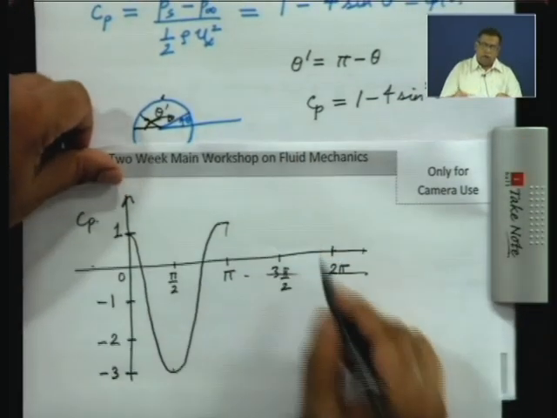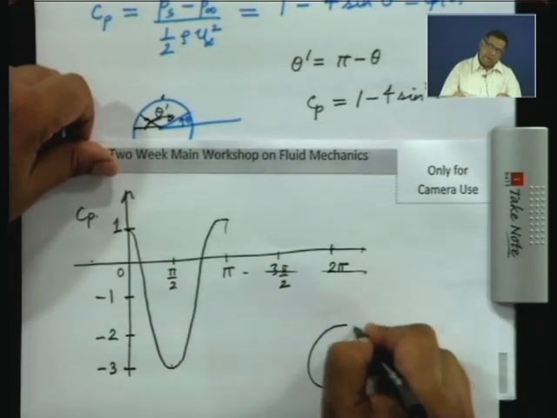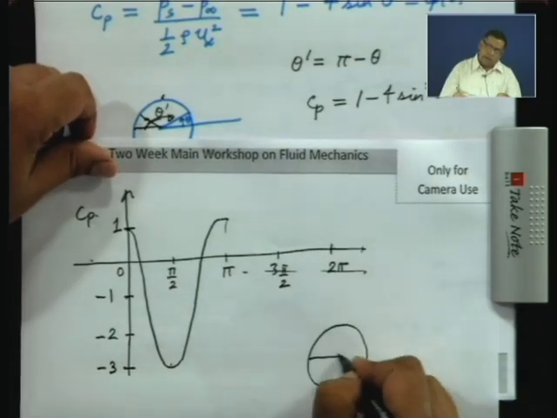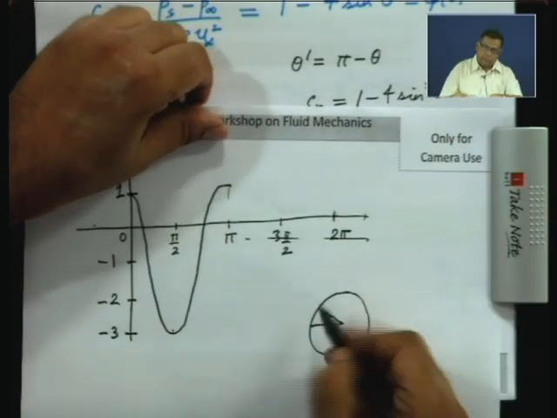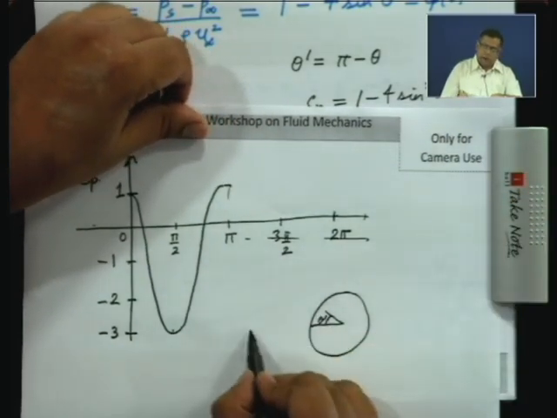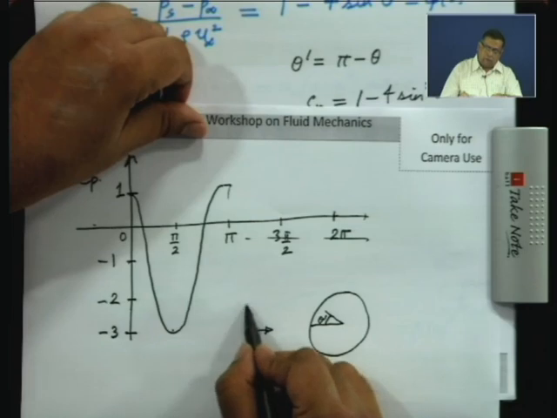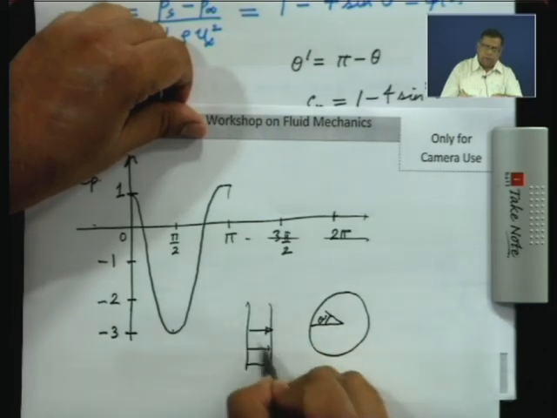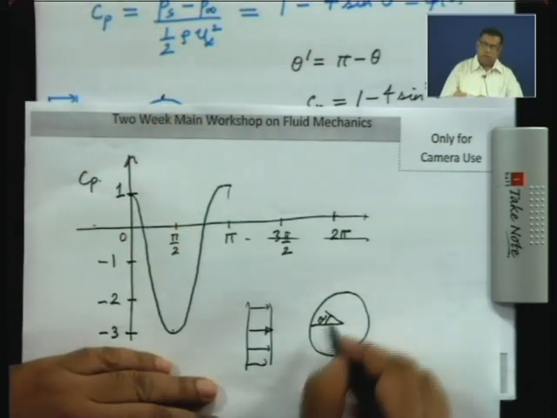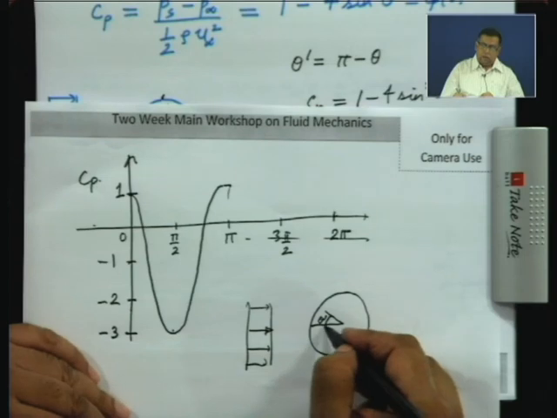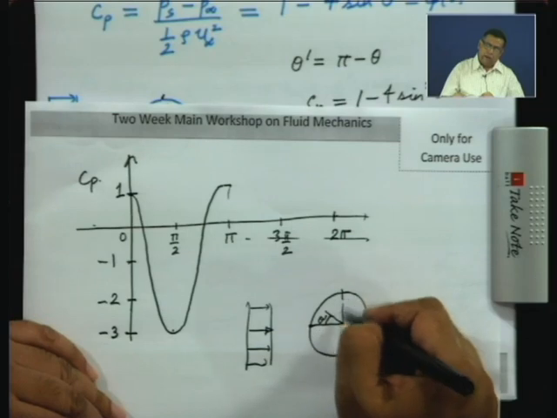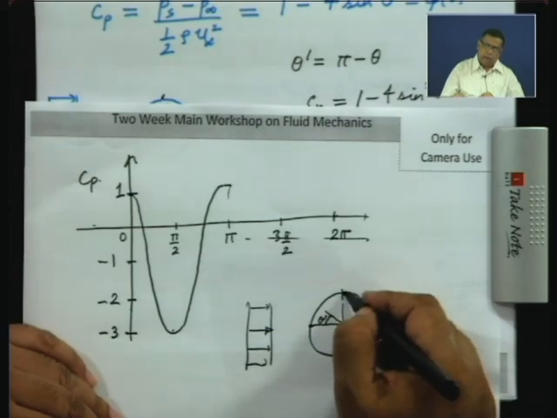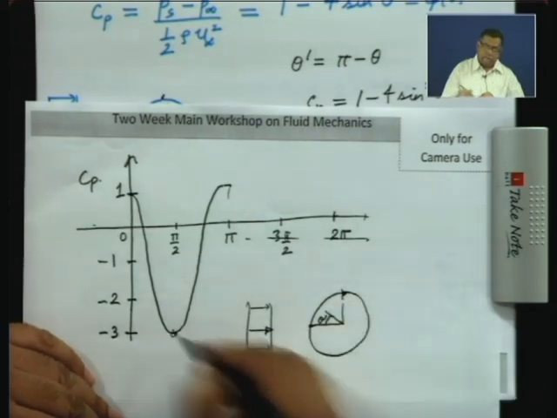So, what you are doing is, this is the cylinder and you are measuring angle from the forward stagnation point. This is my theta prime and this is the direction of the flow, upstream flow. So, upstream flow is in this direction. So, C p has the maximum value at this point when theta prime is 0 and the minimum value here when theta is pi by 2, that is here.